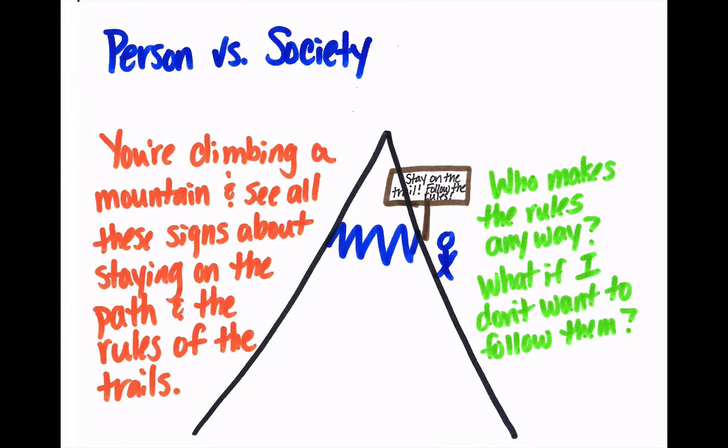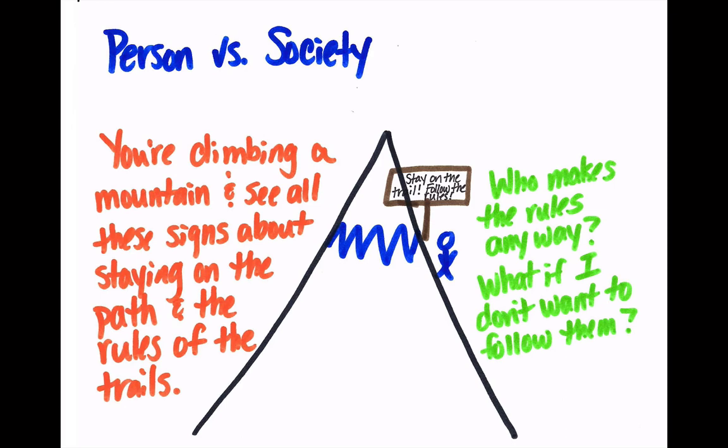If we continue with this mountain metaphor and look at that conflict of person versus society, we would maybe think about all of the rules that somebody might have to follow when they're climbing the mountain, right? There might be signs about staying on the path or the rules of the trails. And what oftentimes happens for characters and people when they are in conflict with society is that the rules and the structure of the society do not work for them.